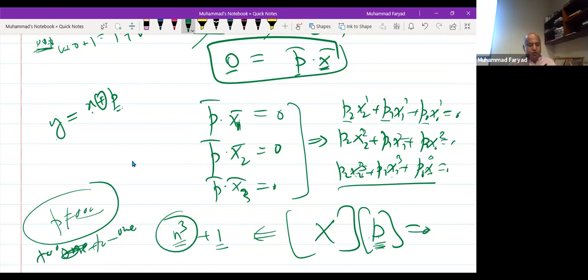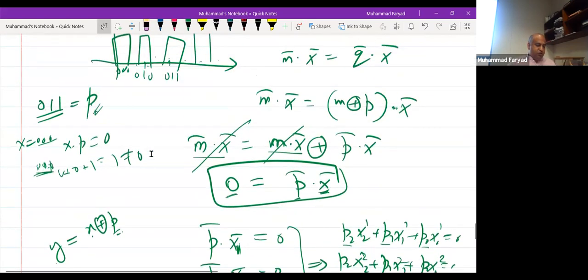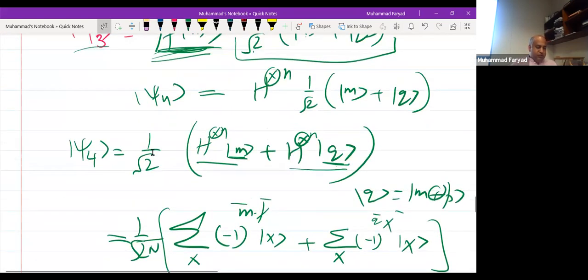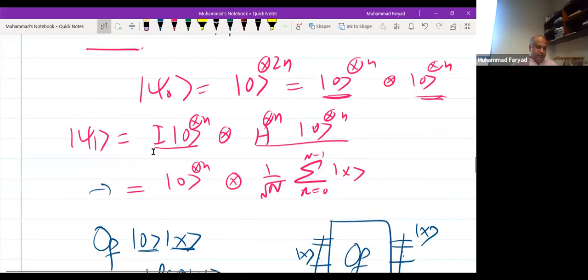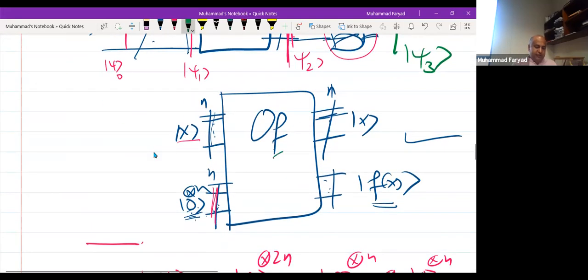So with one operation on a quantum computer and an n cubed classical operation, we can find this bit string p that will tell us if the function is 2-to-1 or 1-to-1. On the other hand, to work out whether this function f of x is 2-to-1 or 1-to-1, classically we would really have to give all the inputs over here and then record the outputs.